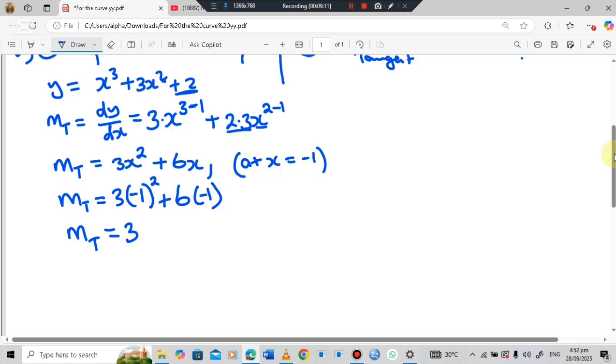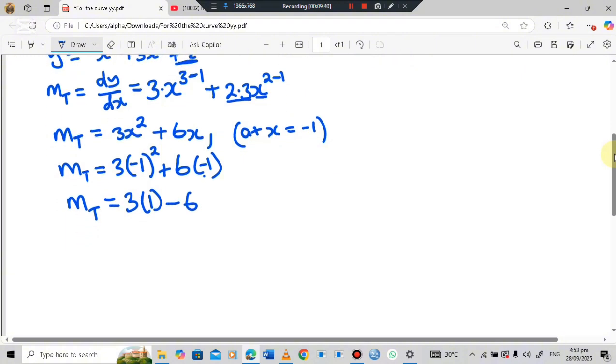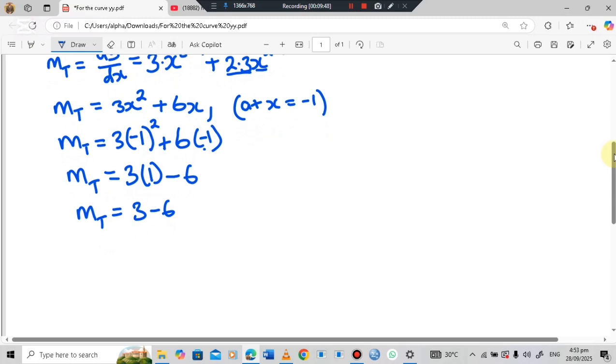So we have 3 times 1, because -1 times -1 is +1. Then 6 times -1 is -6. So the gradient of the tangent is 3 times 1 is 3, then -6, so mt is 3 minus 6, which is -3. So this is the gradient of the tangent.